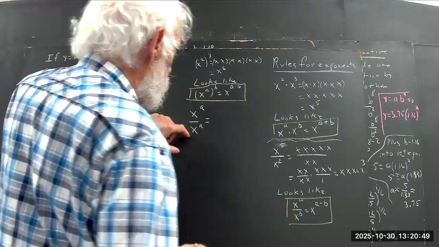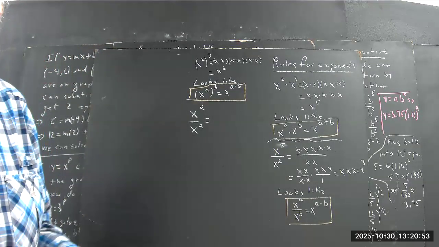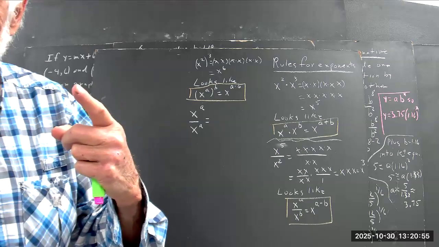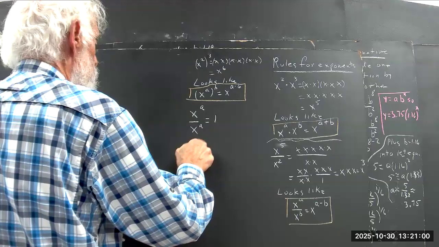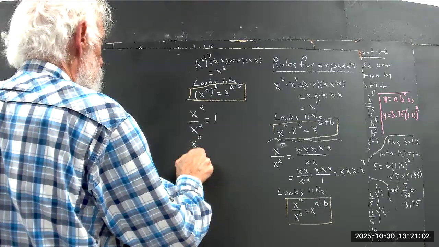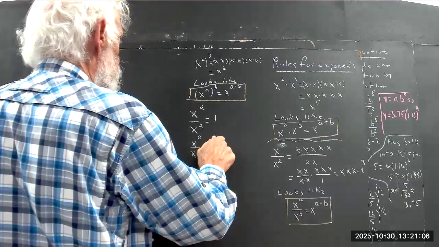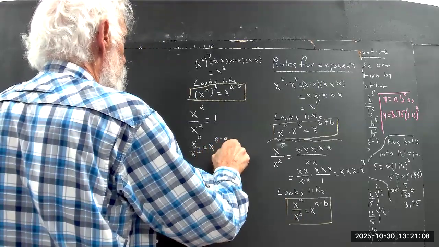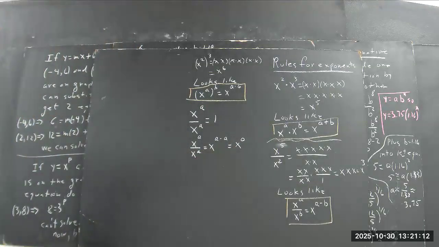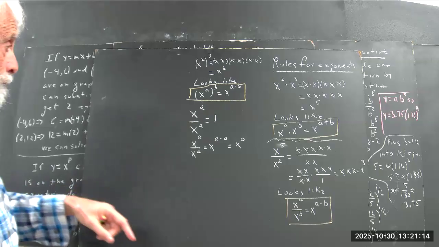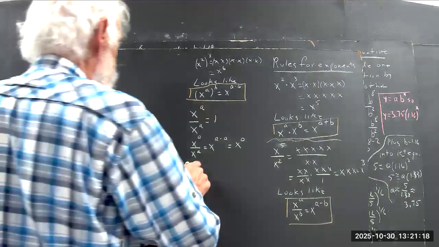What's x to the a divided by x to the a? Well, 2 answers. It equals 1 because you're dividing something by itself. By this rule, this is x to the a minus a, which is x to the 0. Well, x to the 0 equals this, and 1 equals this.